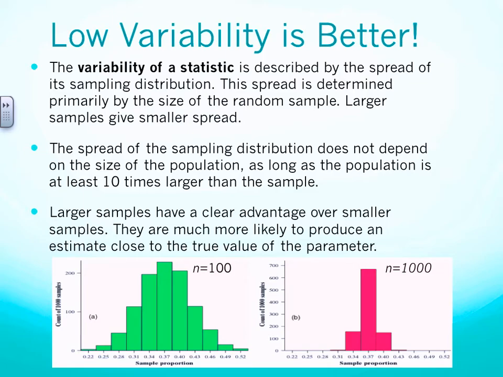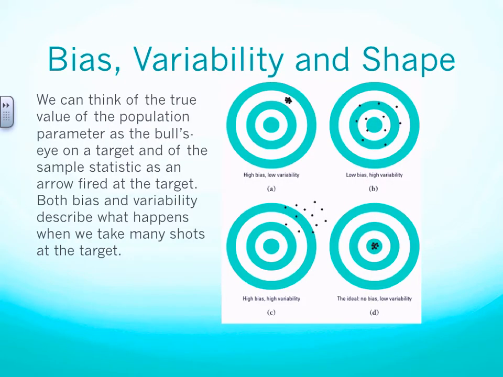The spread of the sampling distribution does not depend on the size of the population, as long as the population is at least 10 times larger than the sample. Larger samples have a clear advantage over smaller samples. They are much more likely to produce an estimate close to the true value of the parameter. Parameter being the population.